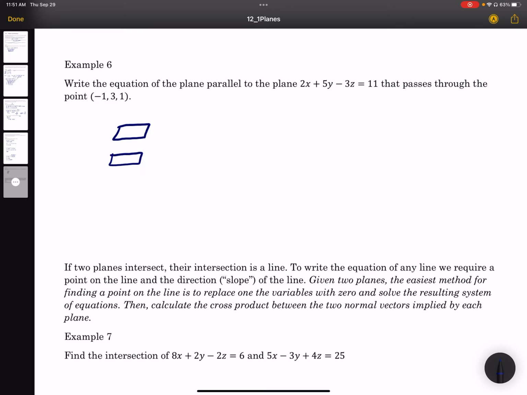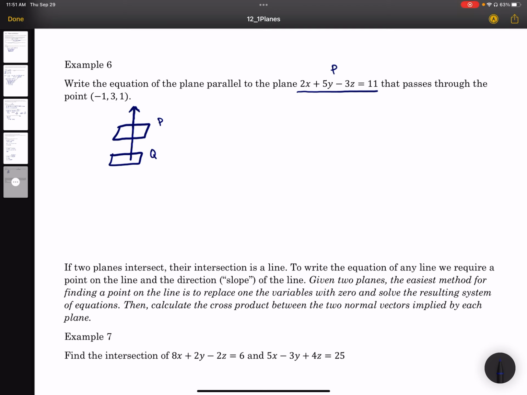A vector that is orthogonal to our given plane, say this is plane P, is also going to be orthogonal to this plane Q that we don't know. So the normal vector that works for that plane also is going to work for the plane that we want to write that's parallel to it.